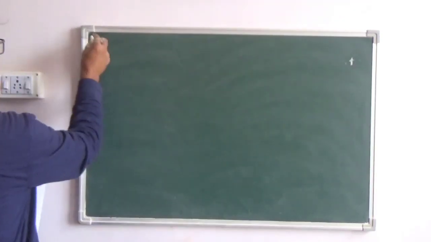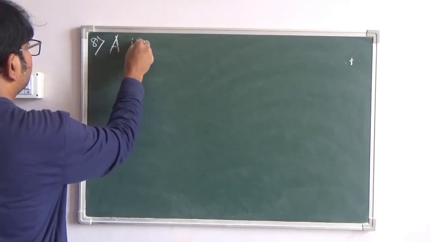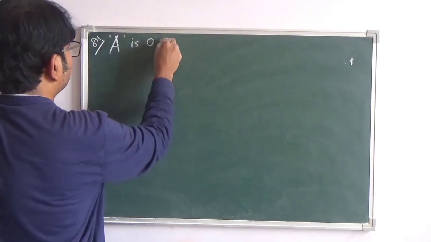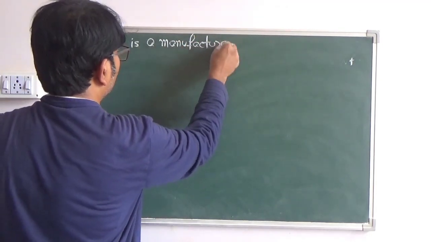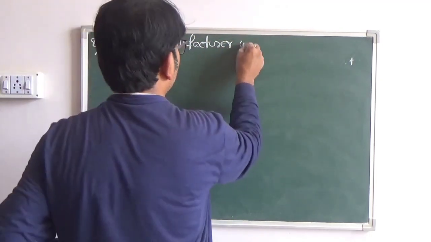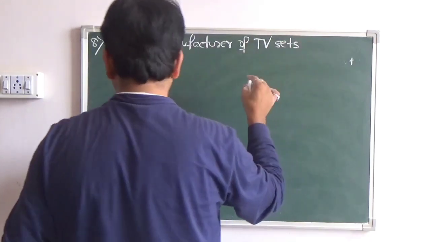Question number 8. A is a manufacturer of TV sets in Delhi.